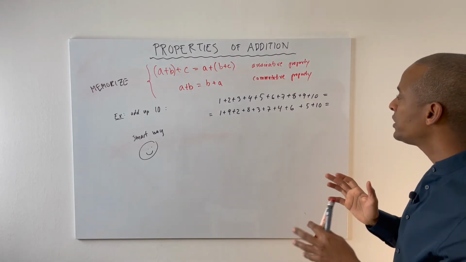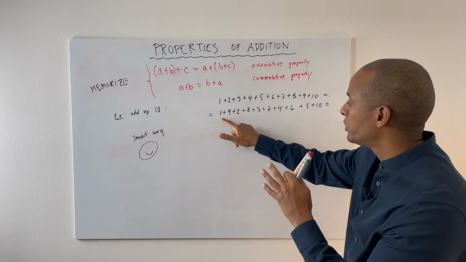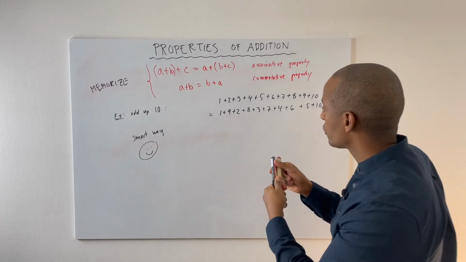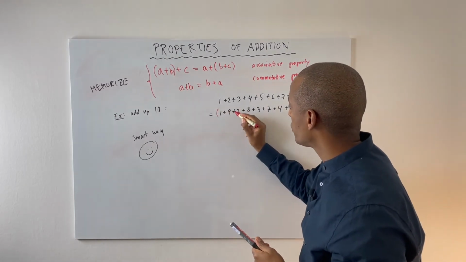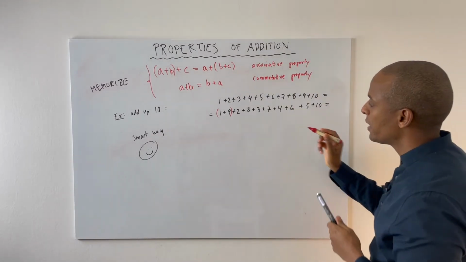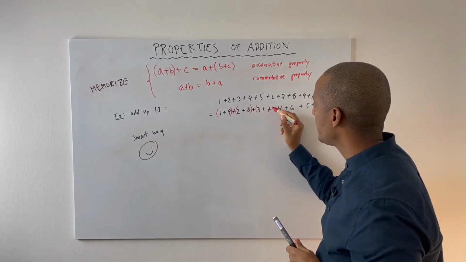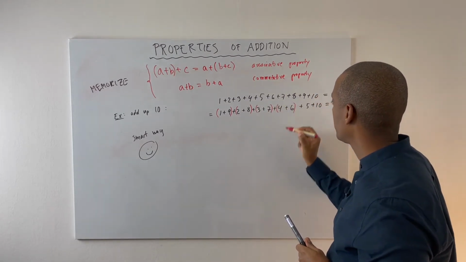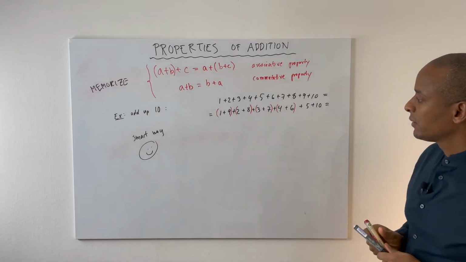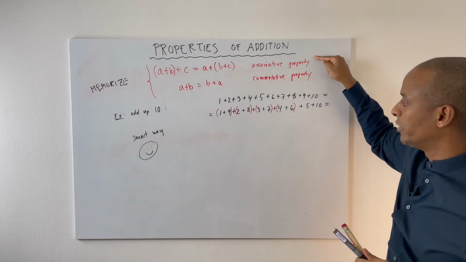Now the associative property says that I can do the additions in any order. So I can add these numbers together first, before I deal with outside, and then I can deal with these numbers separately, and this separately, and this separately. And this is because of the associative property of addition.